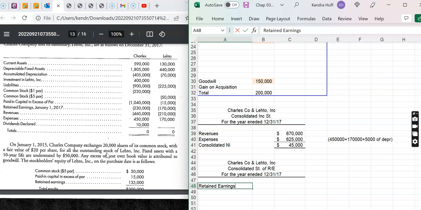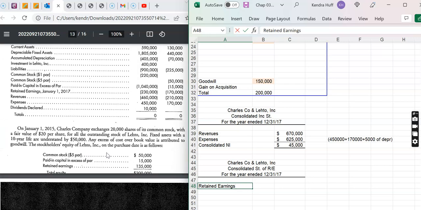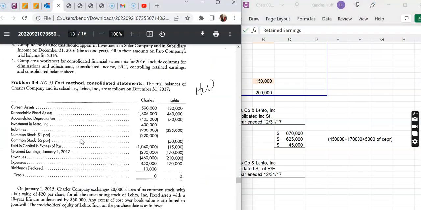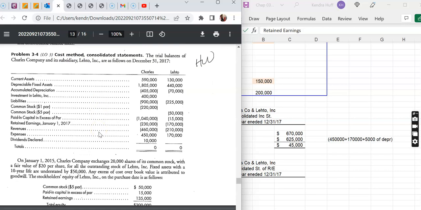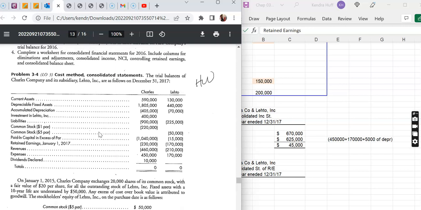Does it say that somewhere? Well, it says it right here in the title. I don't know where it says it anywhere else. Well, one way I would know that they're using the cost method is they don't have any sub income here. So since they don't have any sub income, then I know they're using the cost method.